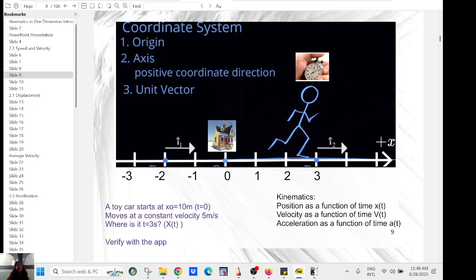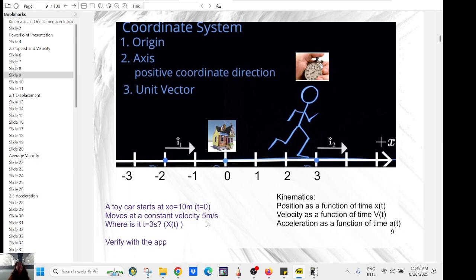Okay, let's try to do this one. It's an easy one. You have a car. The initial position is 10 meters. And then it's going at a speed of 5 meters per second. So it means every second it's going 5 meters, right?